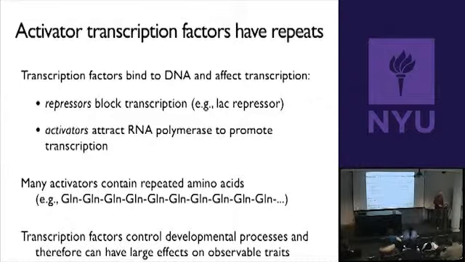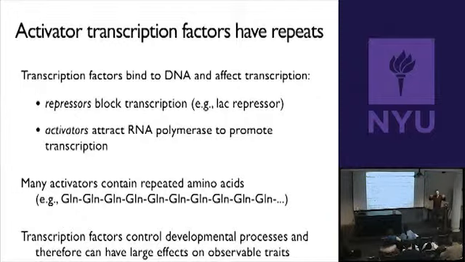The reason these proteins are important is that activators control the activity of other genes. In general, proteins that control the activity of other genes are used during developmental processes. You can imagine that in going from an embryo to an adult, a lot of gene changes have to happen, and there have to be proteins that orchestrate these changes.